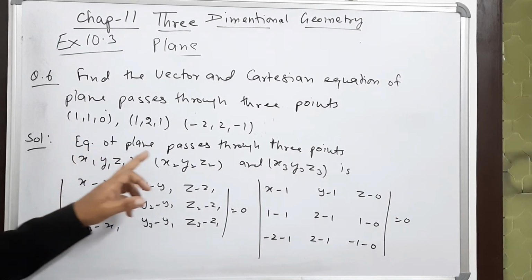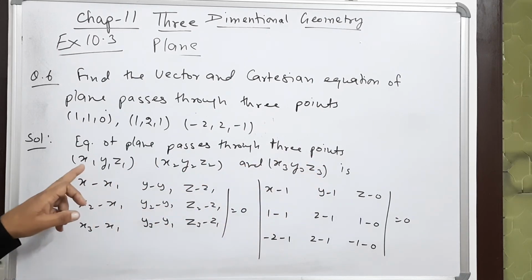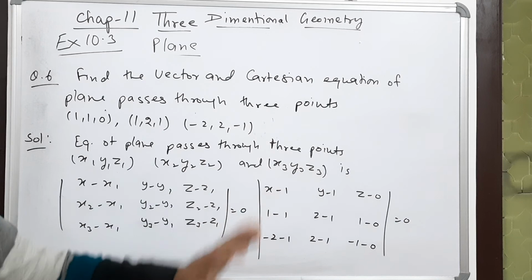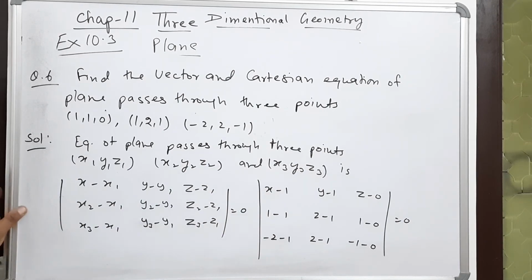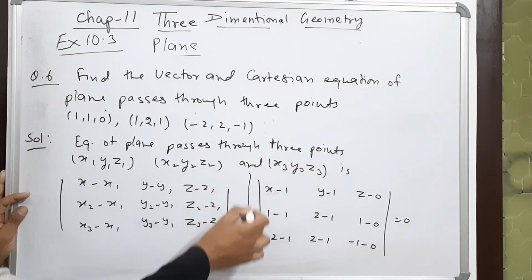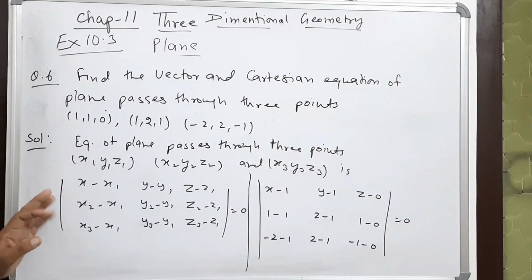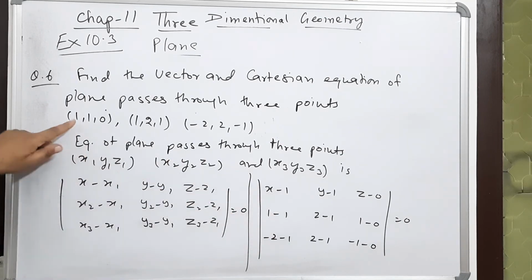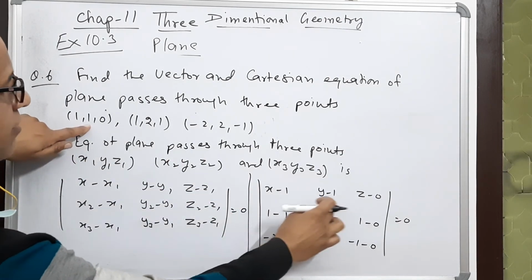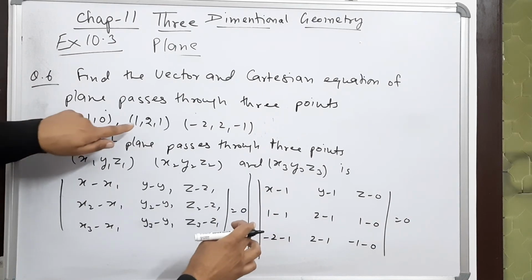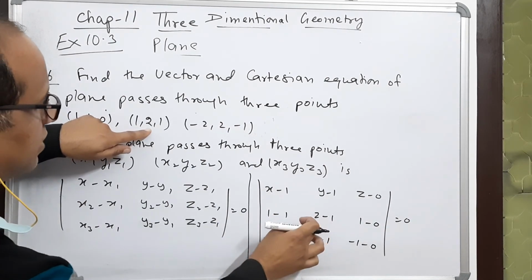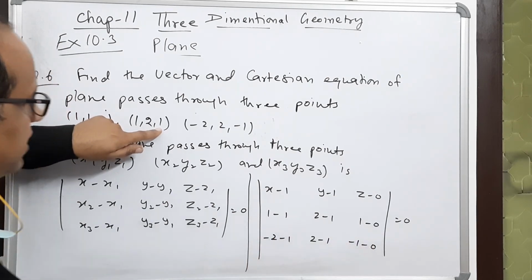So here, the equation of the plane passing through 3 points x1, y1, z1, x2, y2, z2 and x3, y3, z3. This is the formula. This formula I already gave you in the images of the formula. So we have to just put the values in the formula. It is x minus x1, y minus y1, z minus z1 upon x2 minus x1, y2 minus y1, z2 minus z1.